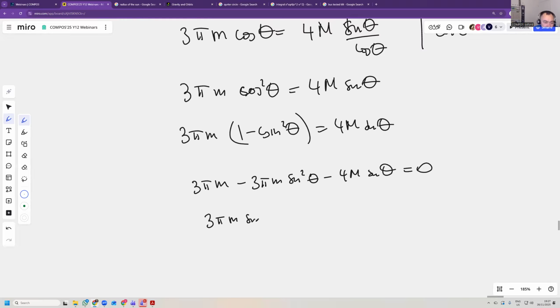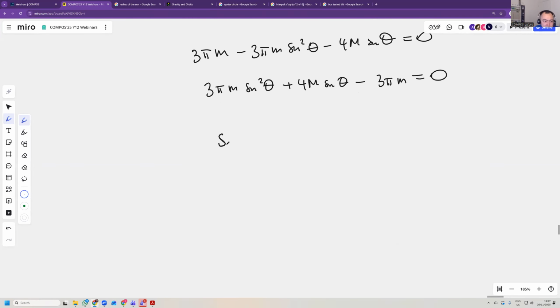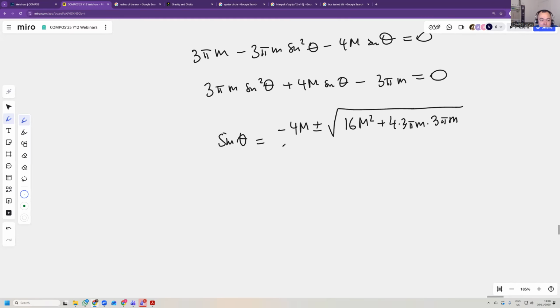So 3 pi m sine squared theta plus 4m sine theta minus 3 pi m equals 0. So this is a quadratic equation. So sine theta is minus b, so minus 4m plus or minus the square root of 16m squared minus 4 multiplied by 3 pi m multiplied by 3 pi m, divided by 6 pi m.